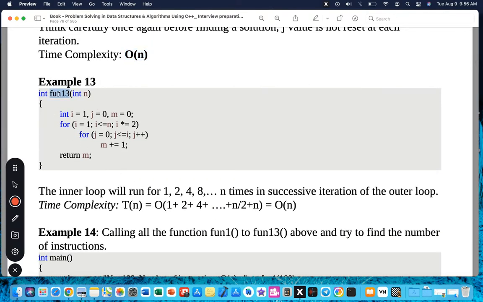Another method, which is also linear, shows i and j, but this starts from 1, i to n, and it doubles every time. And here j from 0 to i, right?